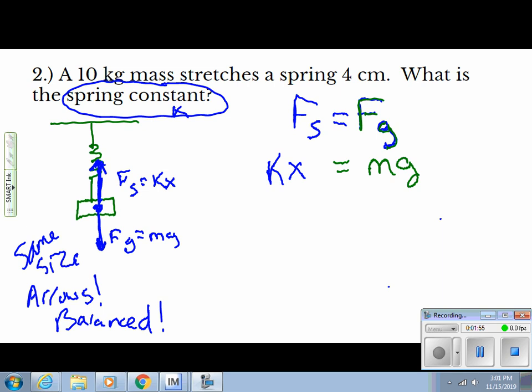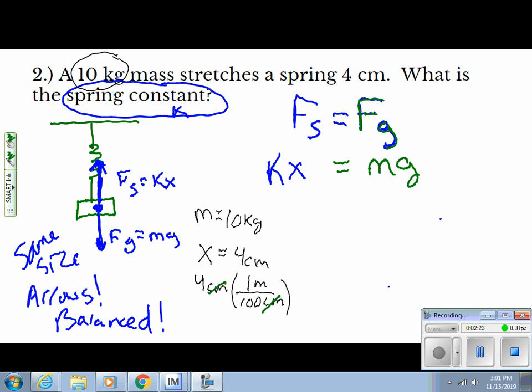All right, what am I solving for? Well, let's start listing our variables. We have m, 10 kilograms, has to be in kilograms. We have the x, that's the elongation or the stretch of the spring, is 4 centimeters. 4 centimeters, 1 meter divided by 100 centimeters.